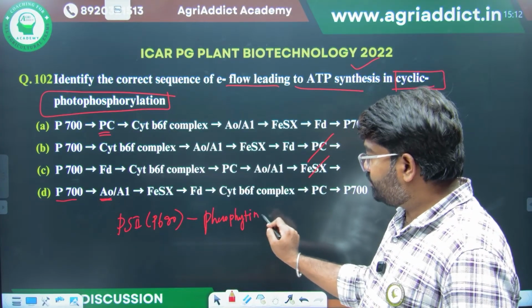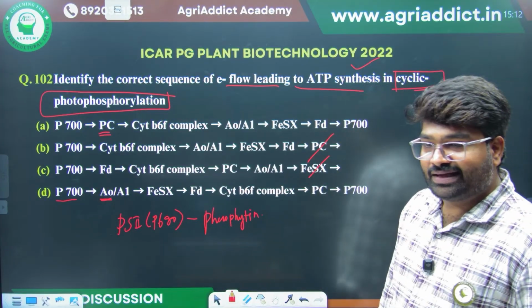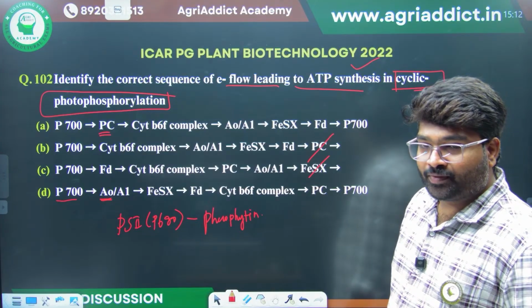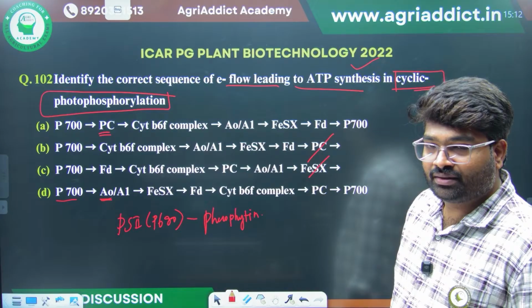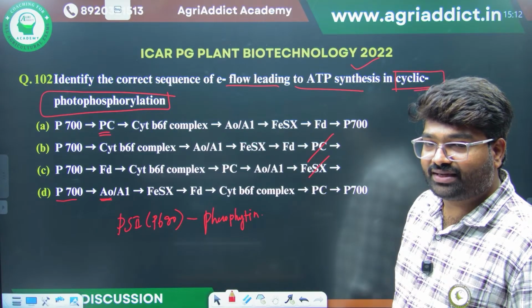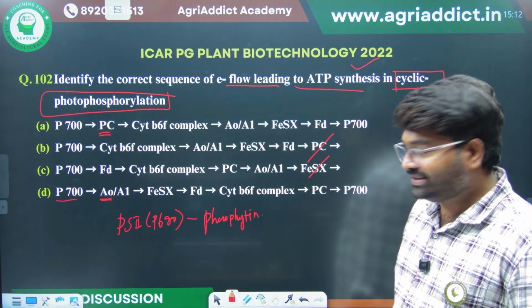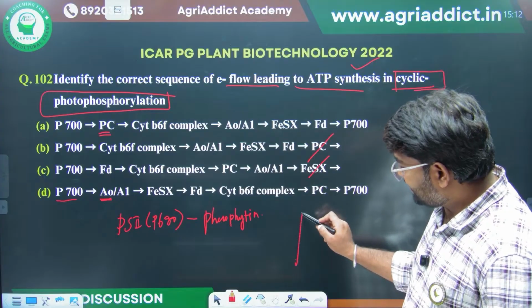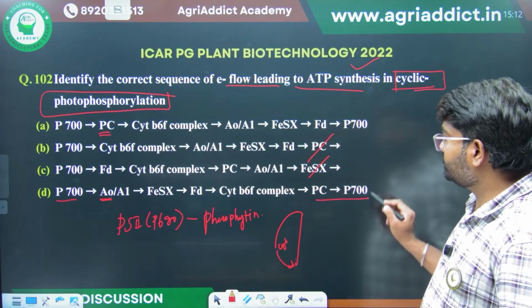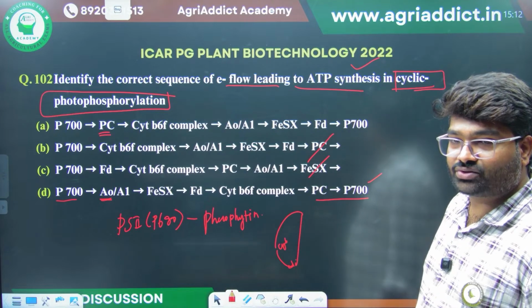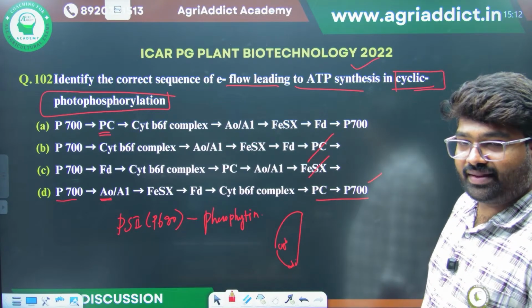This also I have told. So what will be the right answer? From P700, electron will be accepted by A0, A1. That will be transferred to iron sulfur clusters, then to ferredoxin. But it will be cycled back by cytochrome b6f, then cycled back to P700. Clear? So option D will be the right answer.